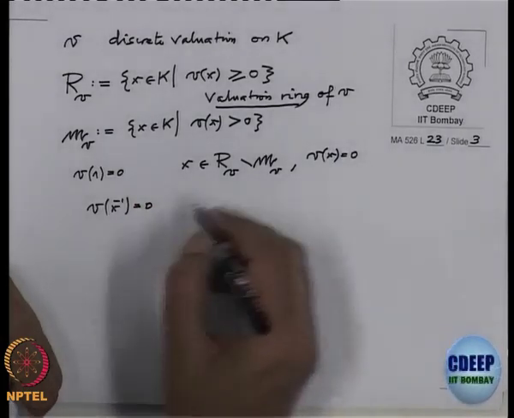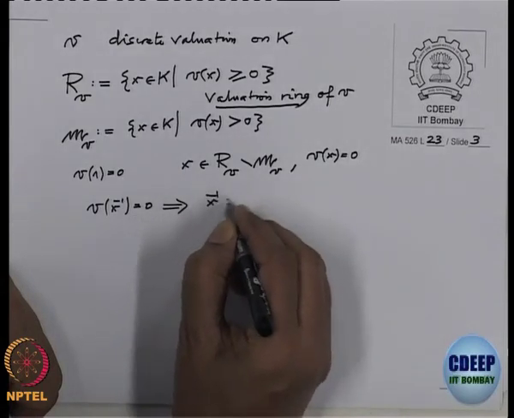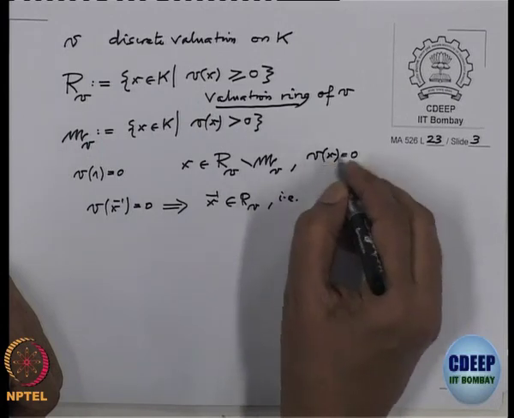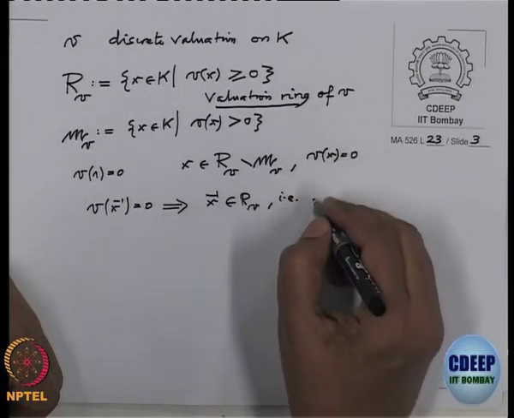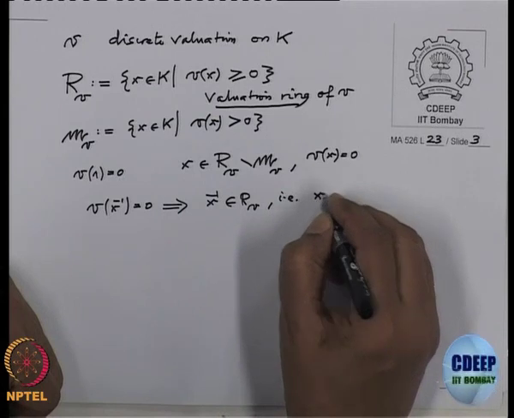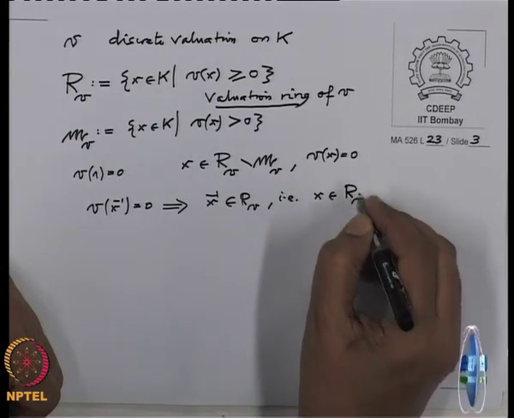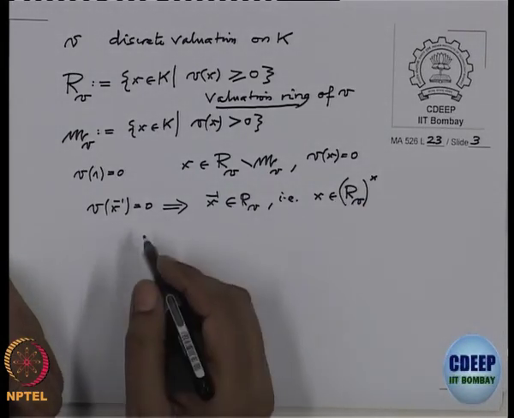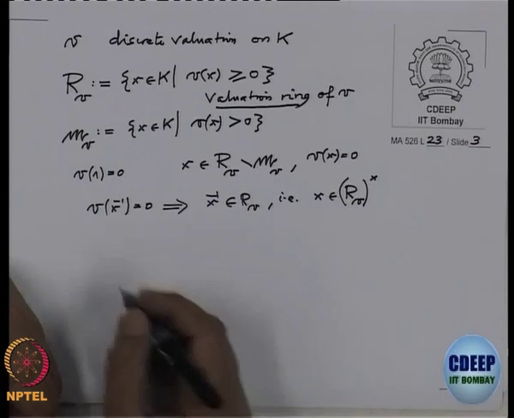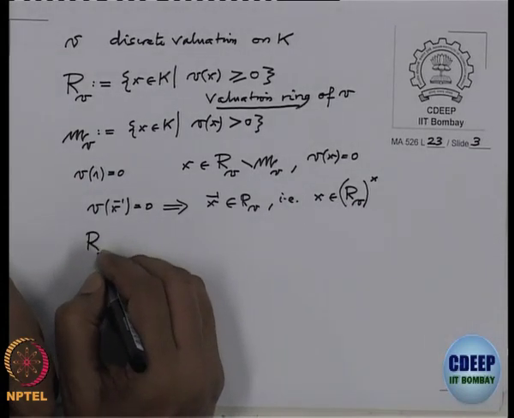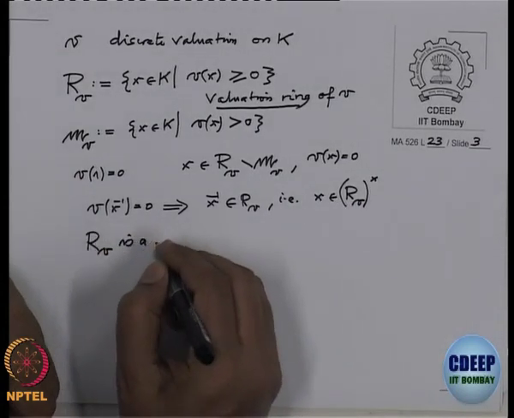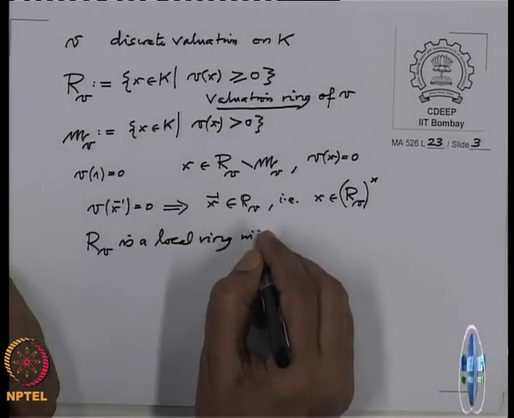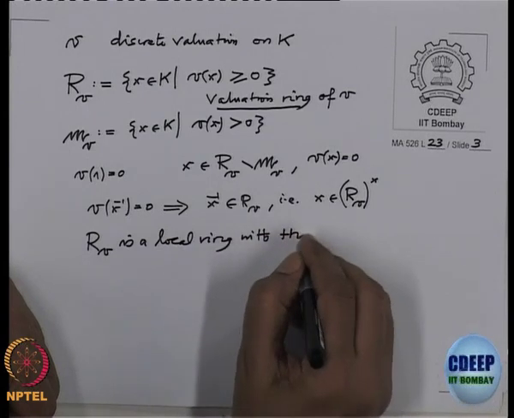So x inverse will belong to RV. That means all those x for which V of x is 0 are units in RV. Therefore, the non-units form an ideal. This shows that RV is a local ring with the maximal ideal MV.